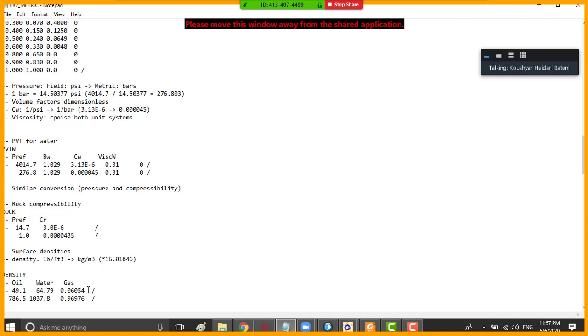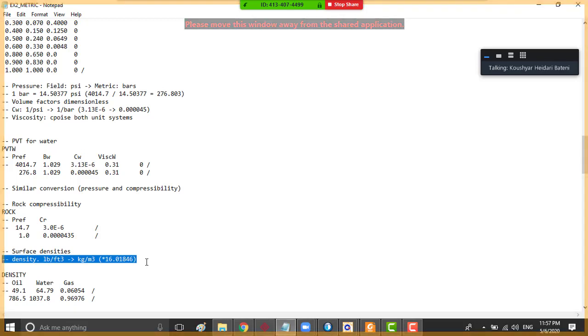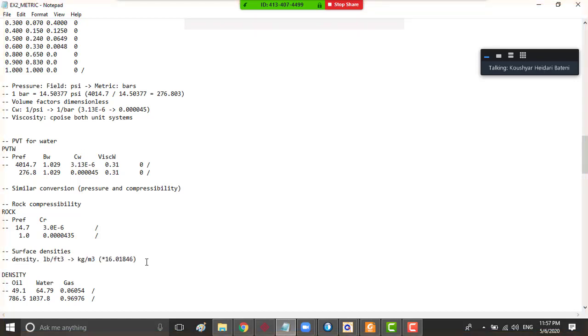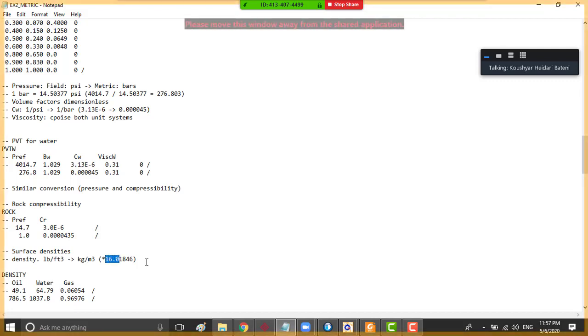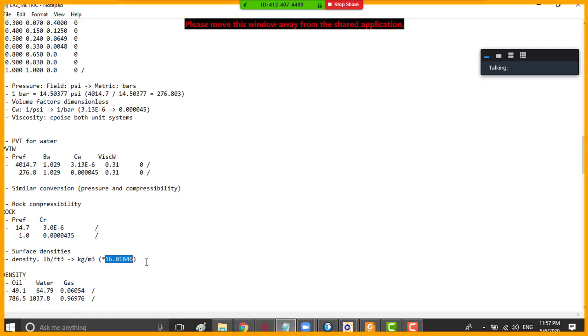And how do you do that conversion? Here in the data file, I have written what you need to do. In order to convert the densities from pound over cubic feet to kilograms over cubic meters, you have to multiply them by 16.01846. Okay? You can easily see why that is true.